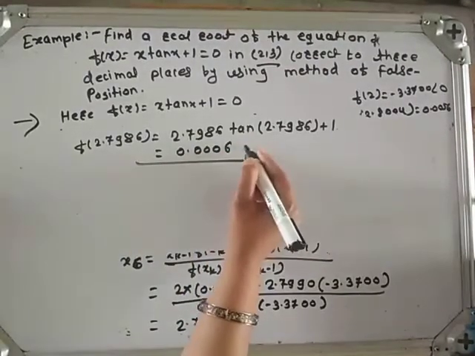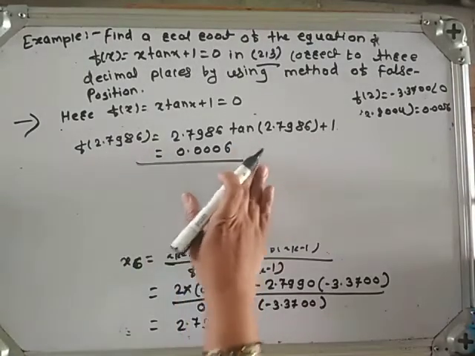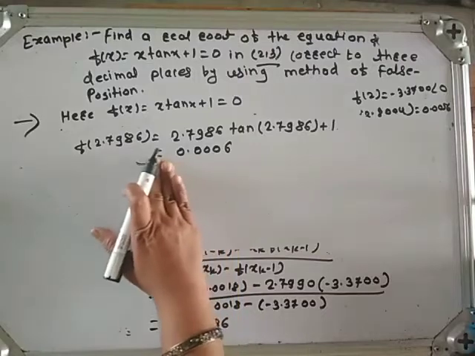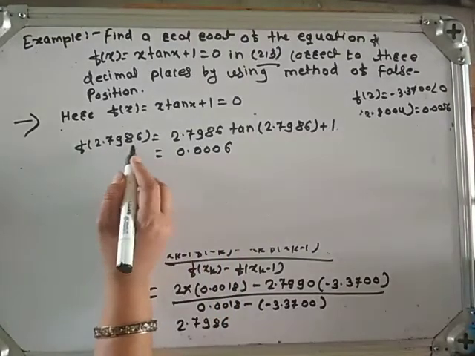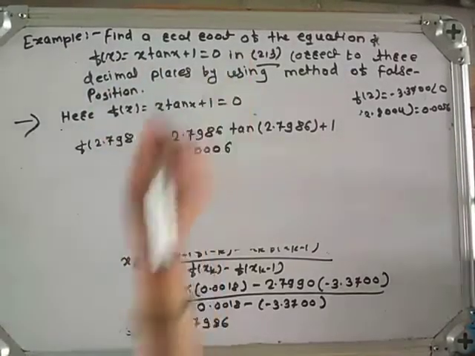See here, the value of f at this point is very close to 0, so we will stop the iteration, and 2.7986 is the real root of the equation.